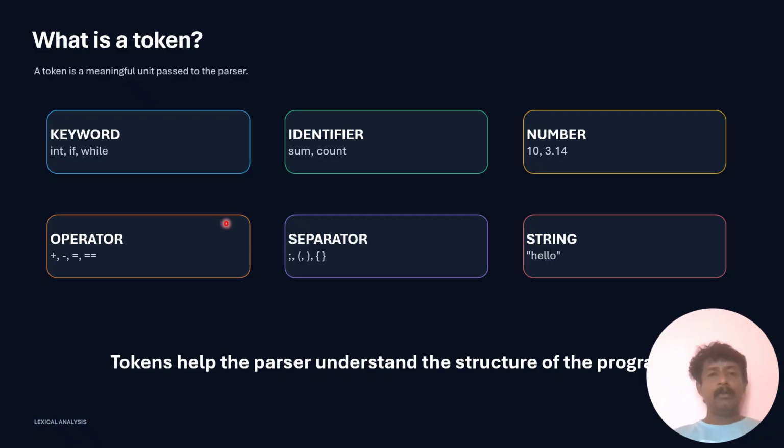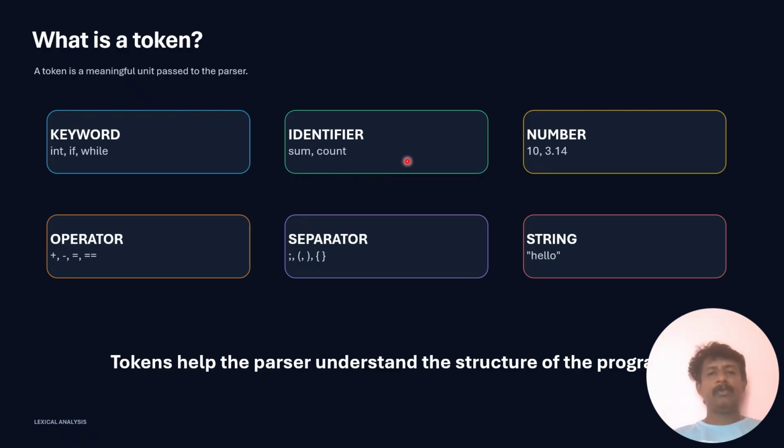Let us see the common types of tokens. Keywords are reserved words in all programming languages, like int, if, while, and they are considered tokens.